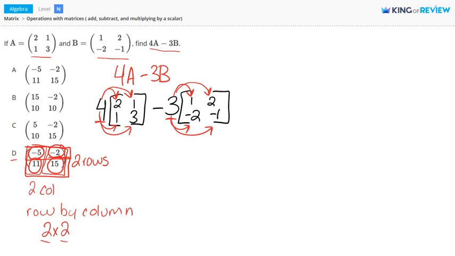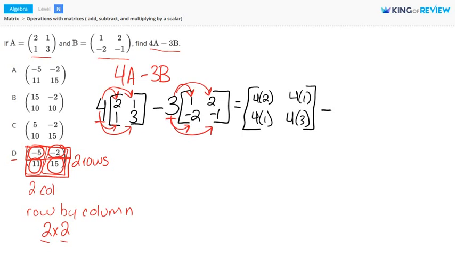So now we can set this part up. This is equal to 4 times 2 for the first entry, 4 times 1, 4 times 1, and 4 times 3.